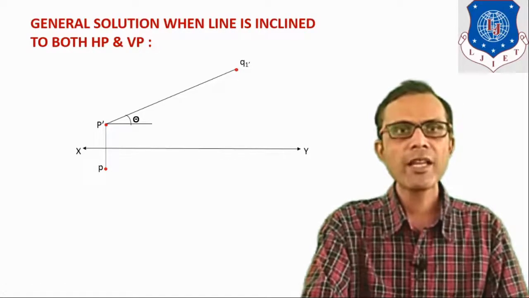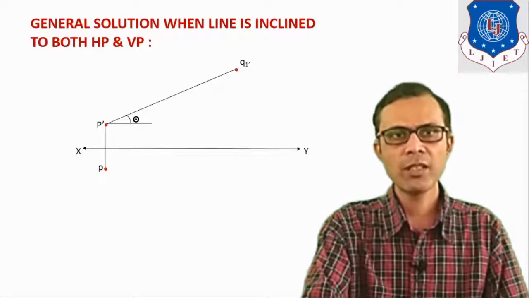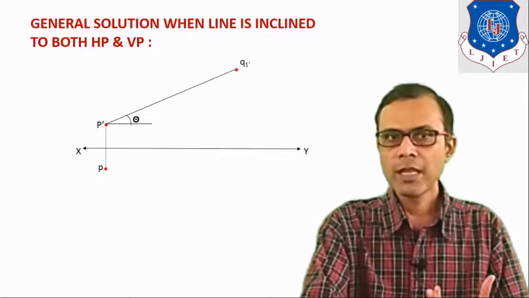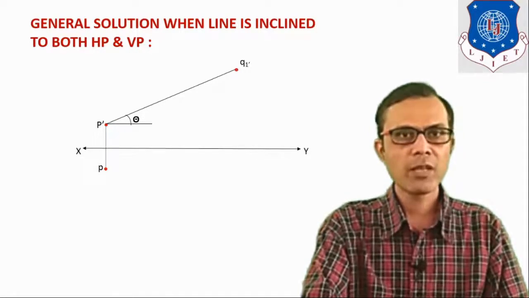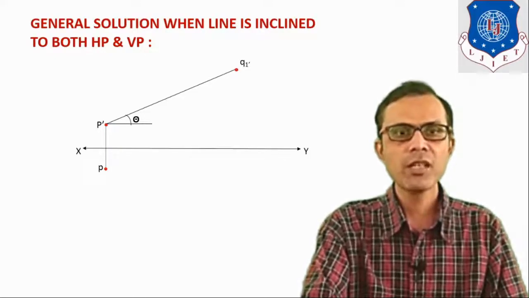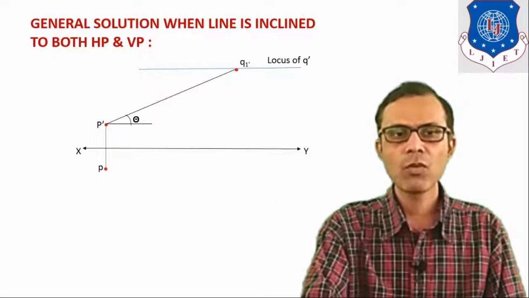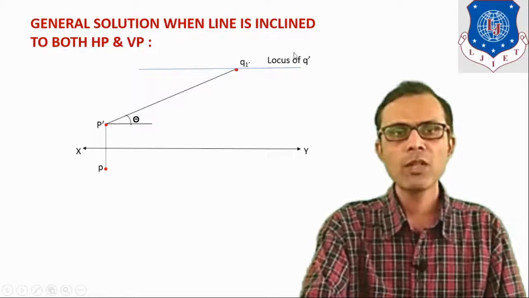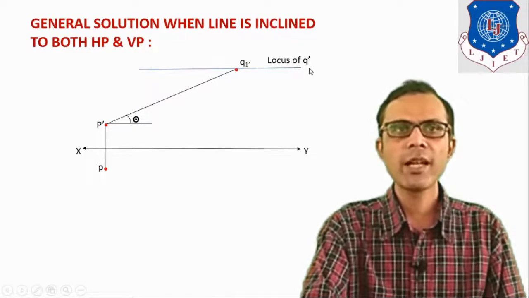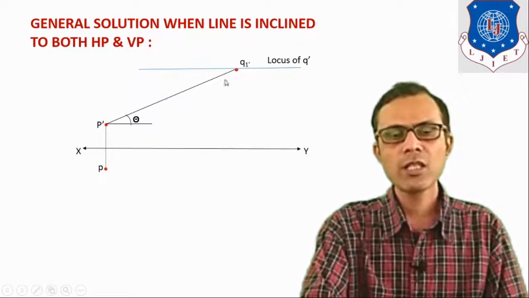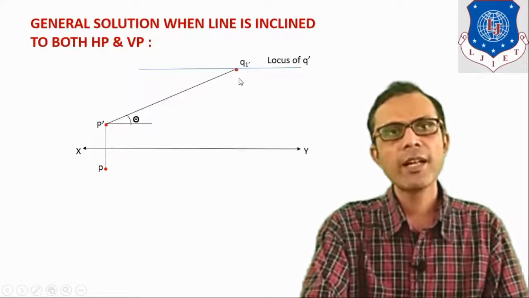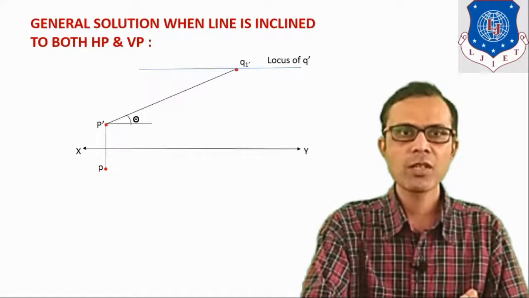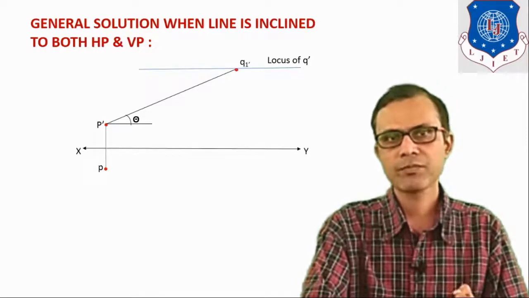Here the line is inclined to HP only, but in the given case the line is inclined to both HP and VP. So this is an assumed condition, and from Q1 dash draw the horizontal line. That horizontal line is the locus of Q dash, and it indicates that somewhere on this locus line you will get the final location of Q dash.